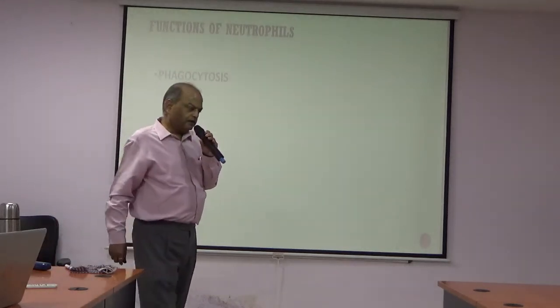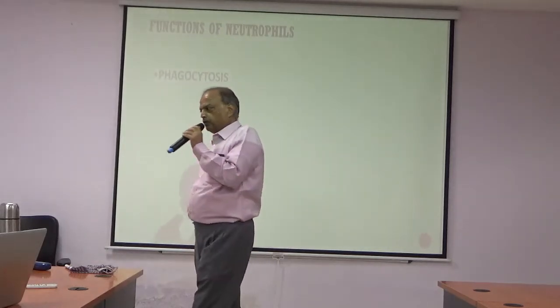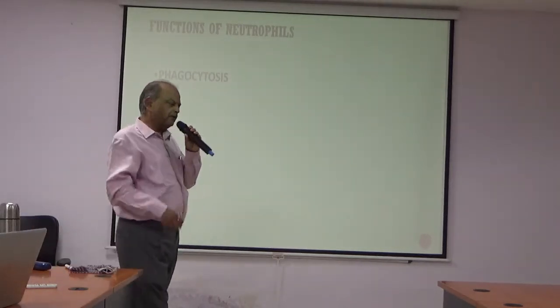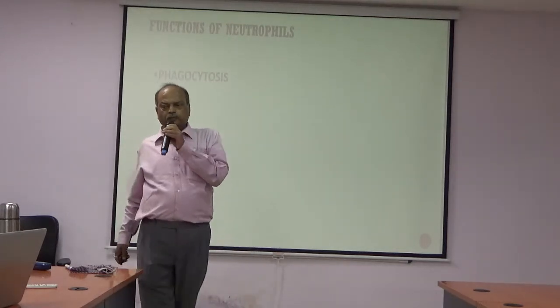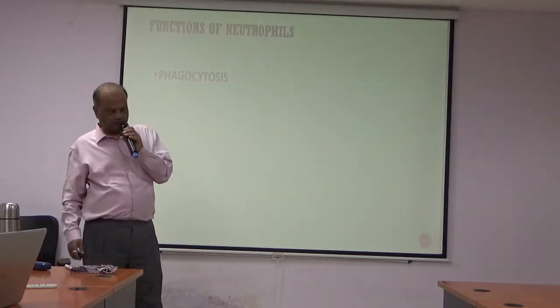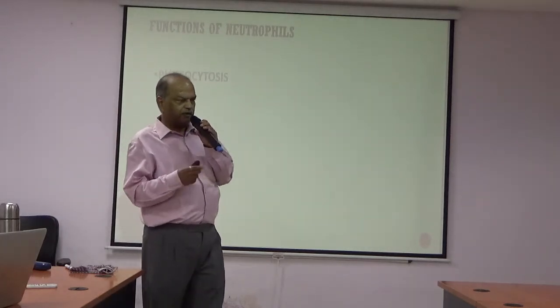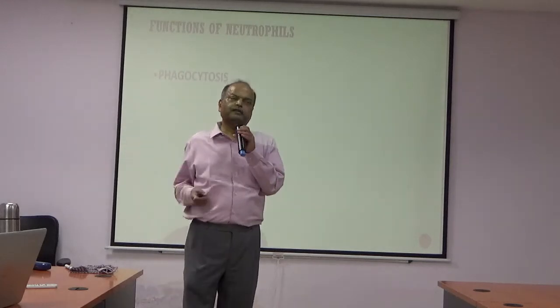Now, what controls leukopoiesis? And what is the lifespan of a WBC? The lifespan of a WBC is variable. It has 4 to 8 hours of lifespan in the circulation, and from the circulation it goes into the tissues, where it can have a lifespan of 4 to 8 days.